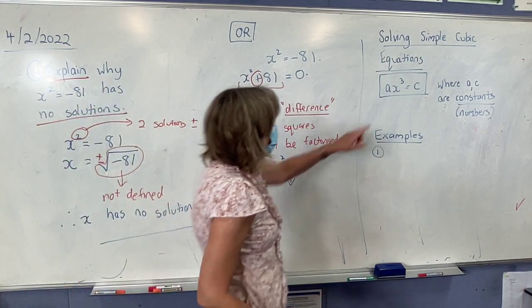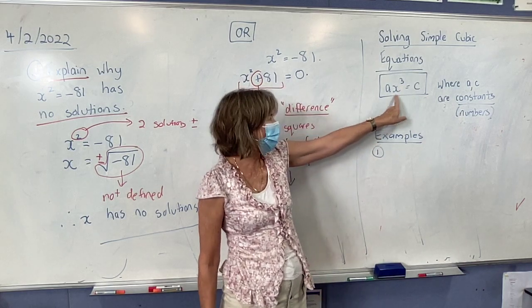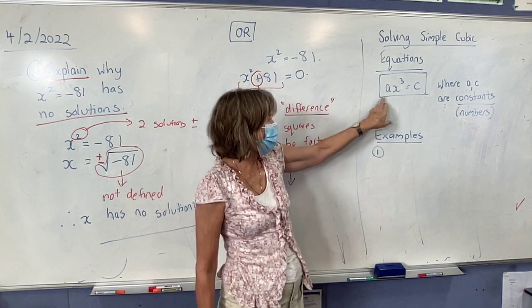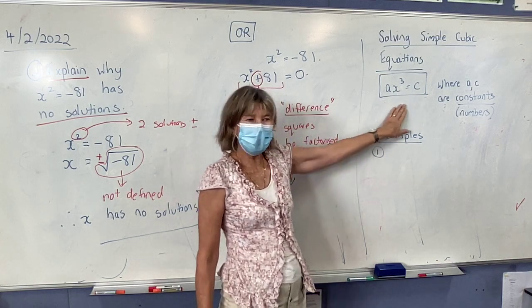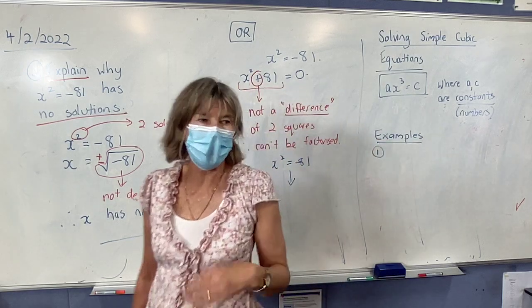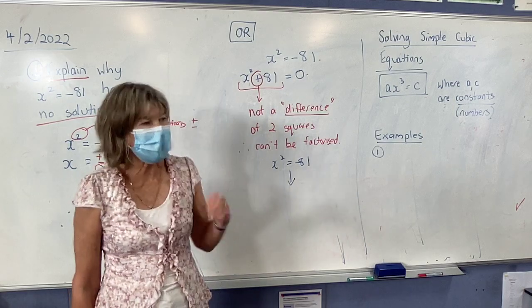So this is what makes it a cubic equation, the cubed in there. Our letter is being cubed. Okay? Now the A and the C that we're talking about here, we say that A and C are constants. They'll use that word, constants. Now what that means is that they are numbers.